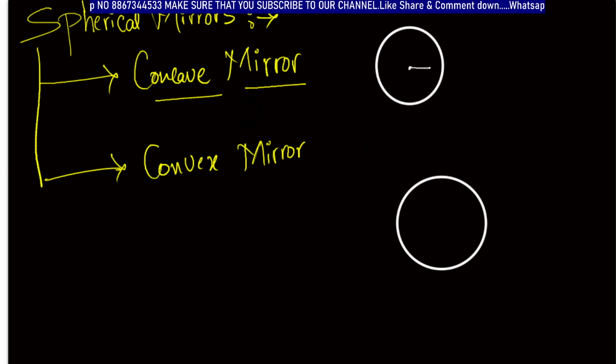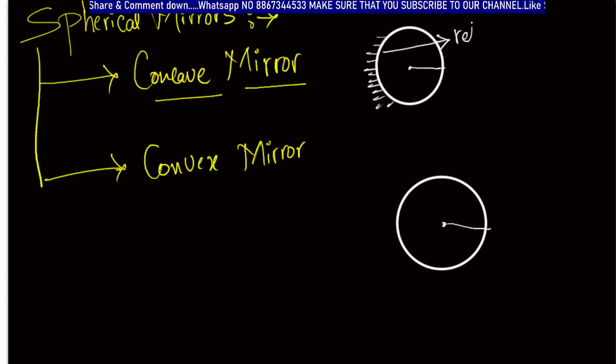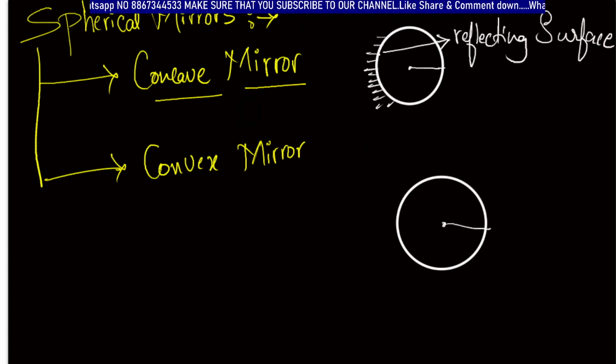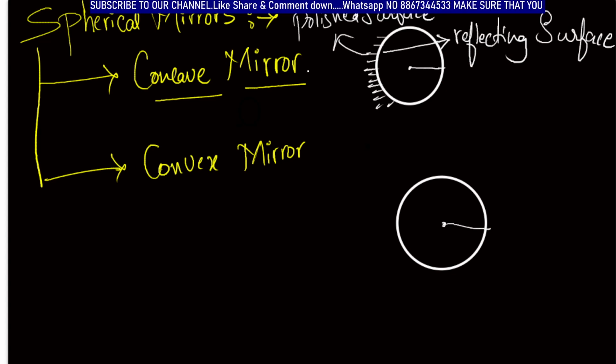A concave mirror is one whose reflecting surface is always towards the center. This is the reflecting surface, and this is the polished surface. So in a concave mirror, the reflecting surface is always towards the center. So this is the center. See, it is always towards the center of the sphere.